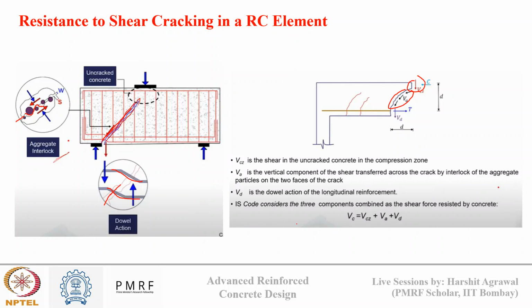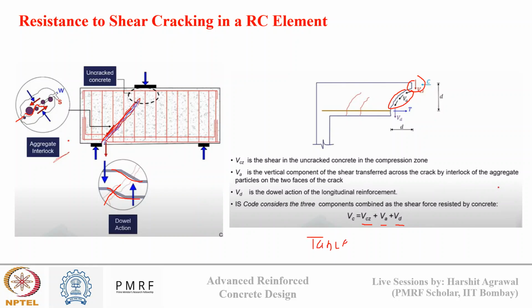So in IS 456, the shear strength of concrete is a summation of all these three contributions: the uncracked concrete in the compression zone, the aggregate interlocking, and the dowel action.